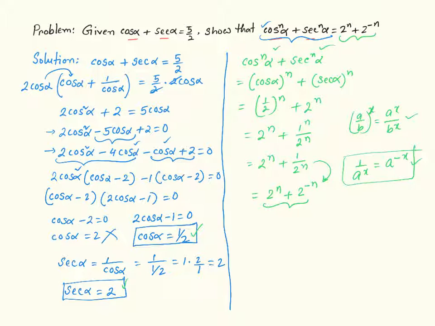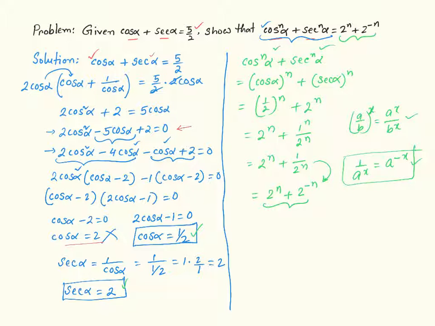Now let me summarize what I have done and how I have done it. This was the given condition. I took the given condition and broke down secant alpha to 1 over cosine alpha, then multiplied by 2 cosine alpha and converted it into a trinomial in cosine alpha, and then we factored it and came up with two values for cosine alpha.